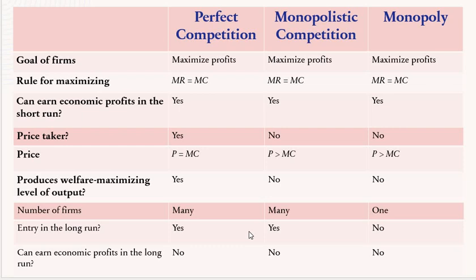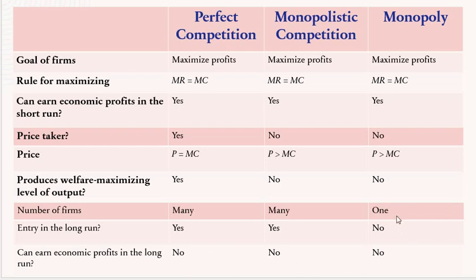And because they're more competitive, both perfect and monopolistic competition markets are considered to be more competitive due to this large number of suppliers. And that means there are lower barriers, or little barriers, to enter those more competitive markets, right? So entry in the long run is available for those markets.